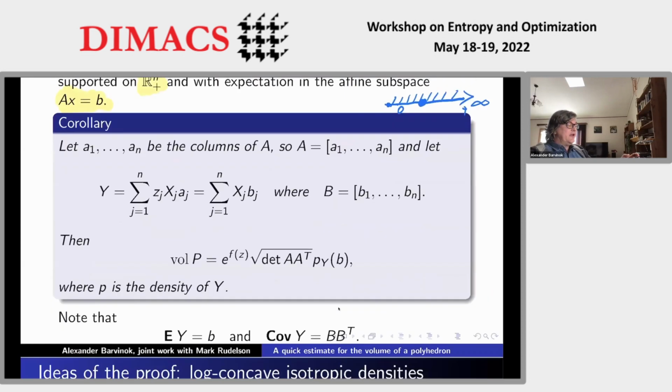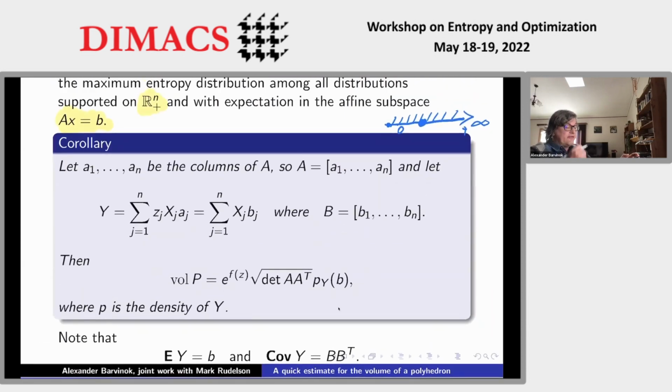And why are we doing that? Because it gives us an immediate corollary. It allows us to express the volume as the density of some random variable which lives in R^m, which will then appear in the error estimate.